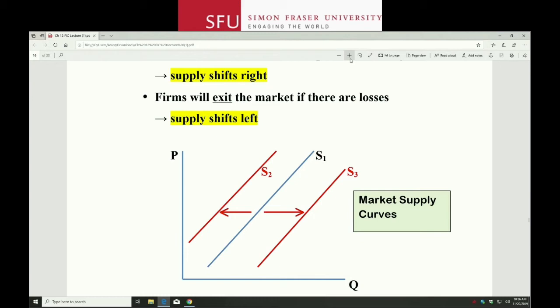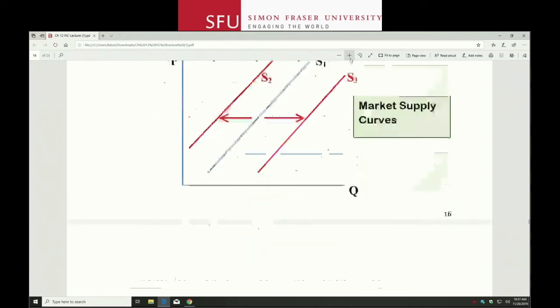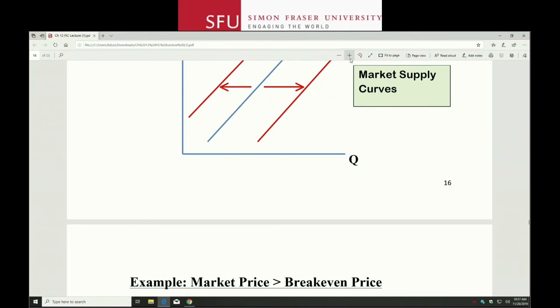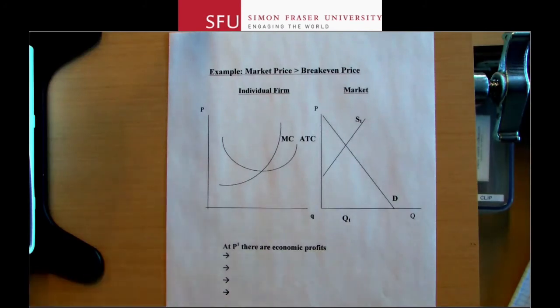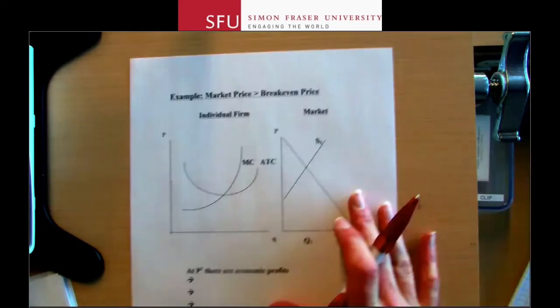All right, so we'll go through several examples now. First one, we'll start with a profitable market. So we'll start with a market price that is more than the break-even price. There we go.